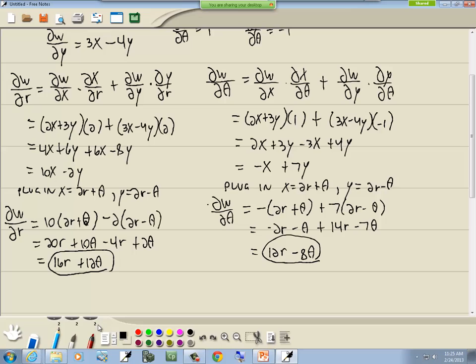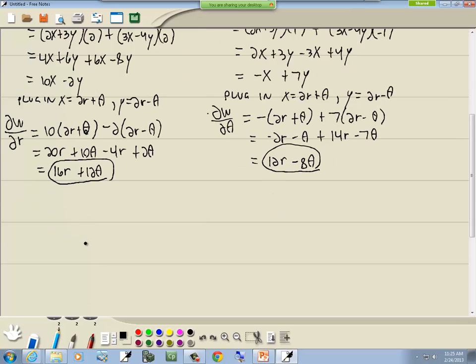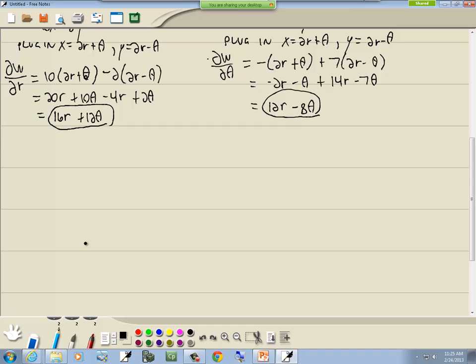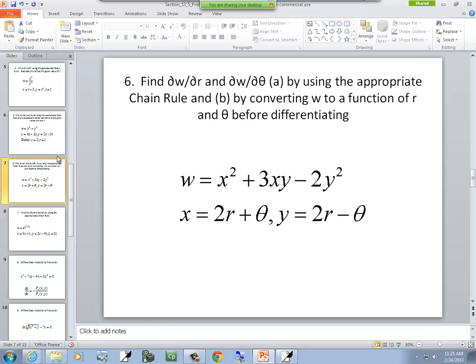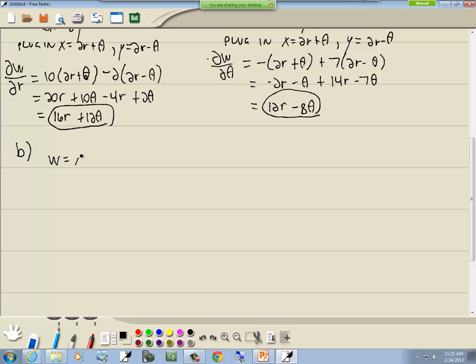Now they want us to find it by substituting in values. So part B, we're given w is equal to x squared plus 3xy minus 2y squared, and x is equal to 2r plus theta, and y is equal to 2r minus theta.